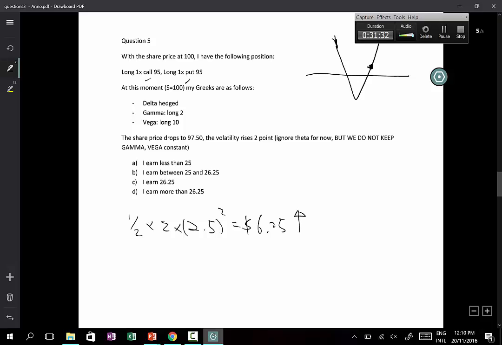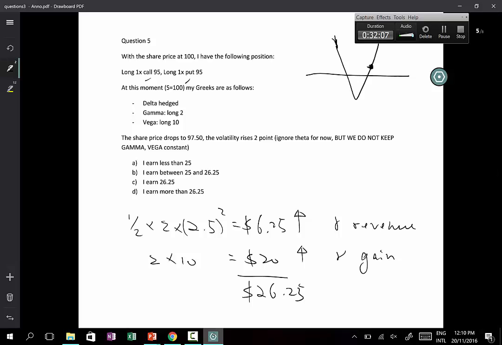And for the Vega, it's gone up 2 points times 10. So that's 20. So you also get to keep that. That's your, I don't want to call it Vega revenue, Vega gain. So total you make 26.25. Thank you very much. Why is C not the right answer?